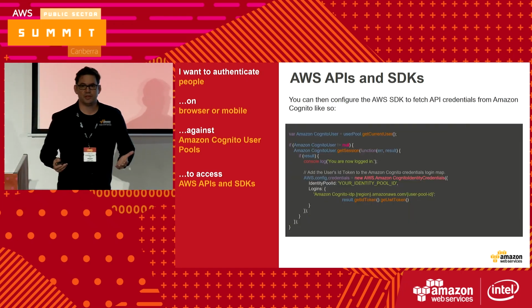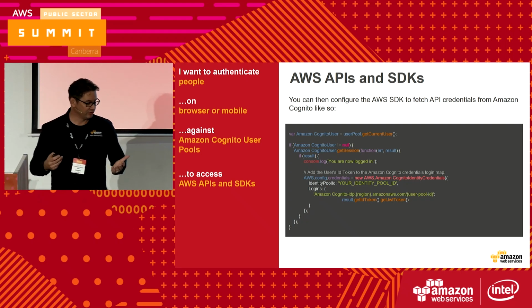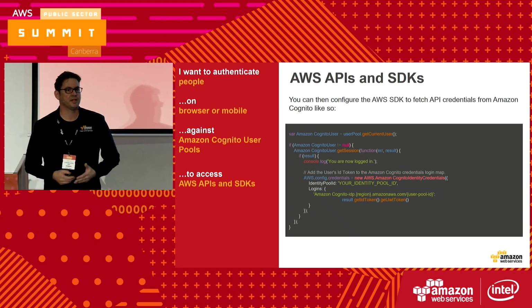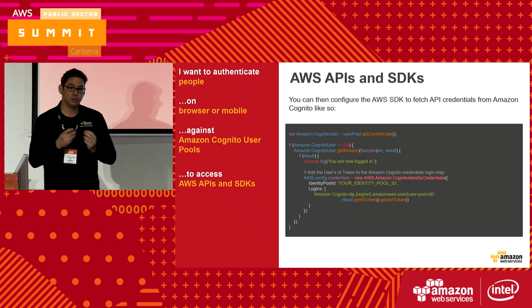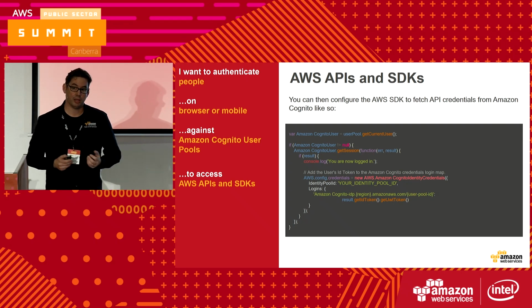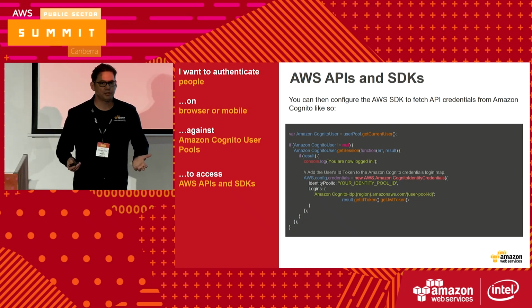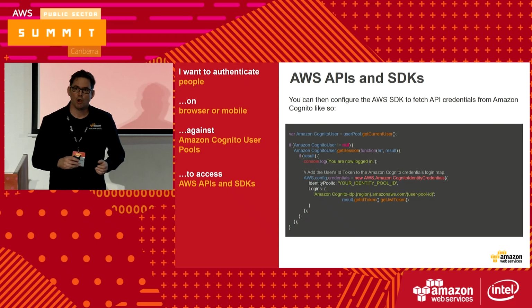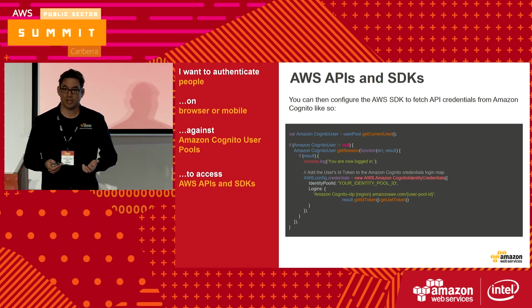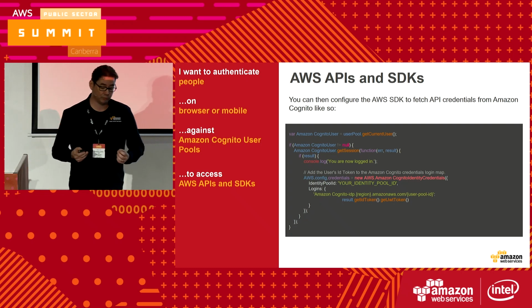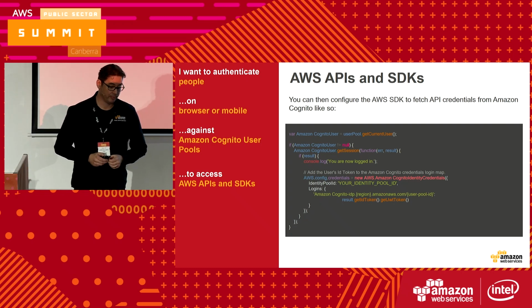And this allows you then to use those credentials to access services like DynamoDB or S3 directly using those temporary IAM credentials. And it also means that you don't have to embed credentials within your applications or worry about the key rotation for those applications. That's all handled for you by Cognito and IAM.